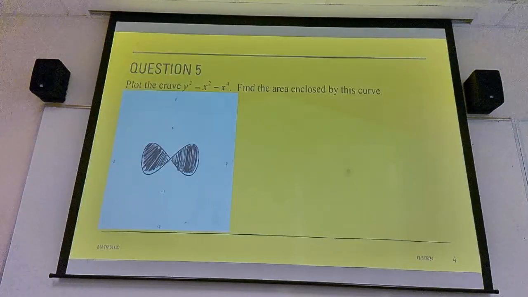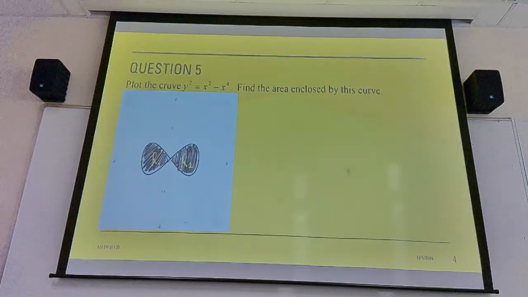That's the area we're trying to find. Then you could recognize you have two regions.